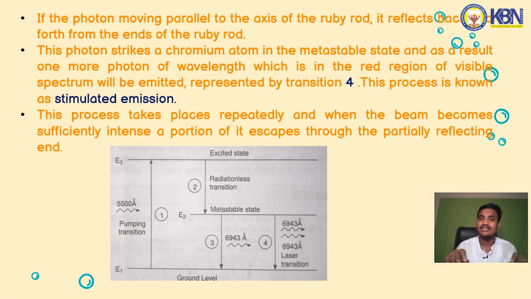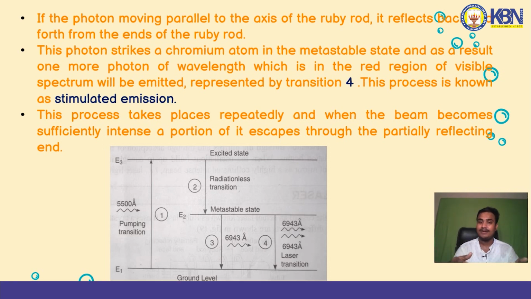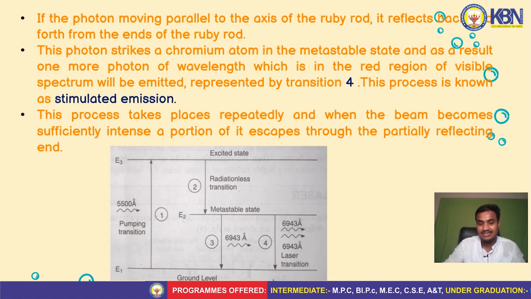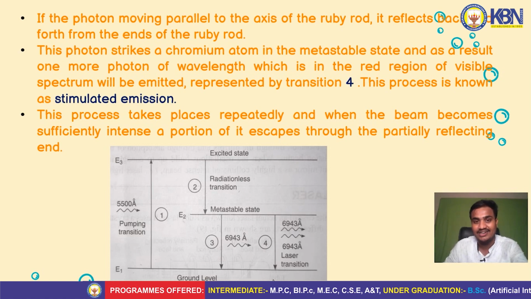After a sufficiently intense beam is formed, it escapes from the partially reflecting end and a laser beam comes out. So the first transition is called pumping, the second is the radiationless transition, the third is spontaneous emission, and the fourth is the laser transition or stimulated emission.